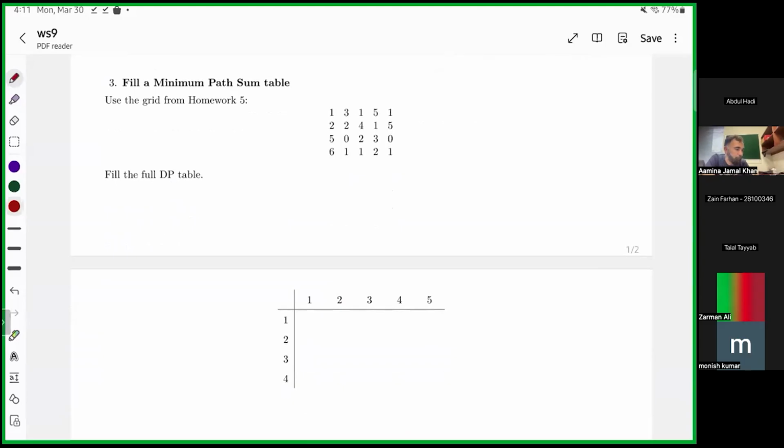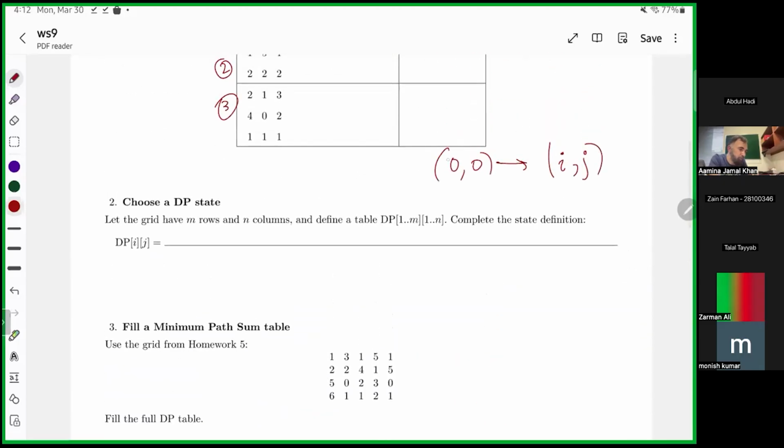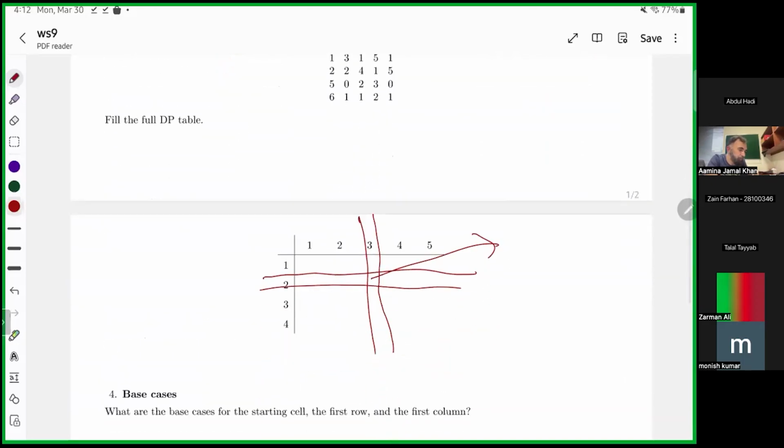And we have already defined what dp of ij means, right? So for example, this cell, dp of ij means the cost of going from, yeah, I wrote 0 0, but it should be 1 1 because I'm indexing numbers from 1.